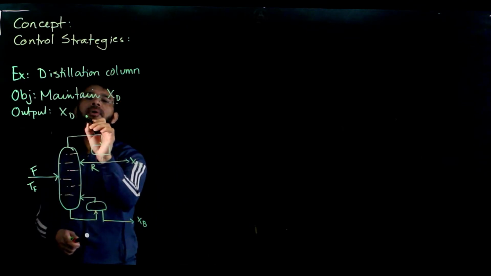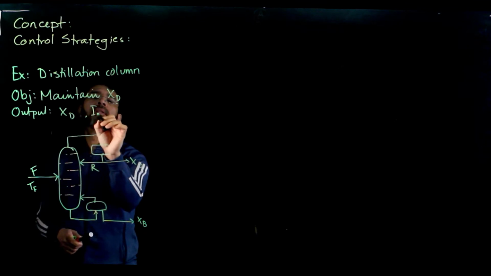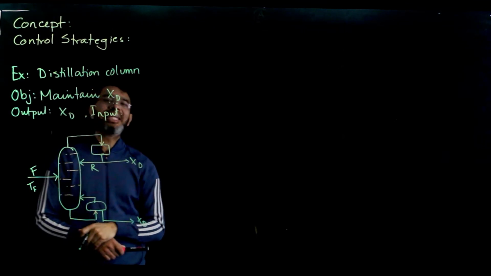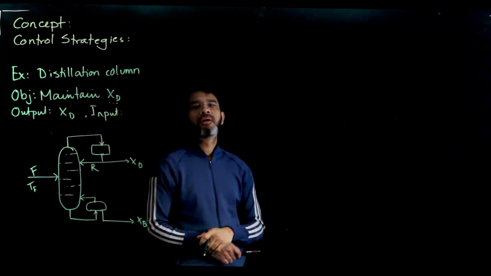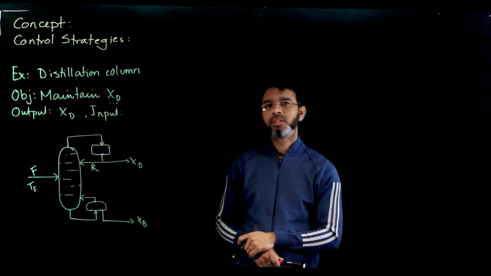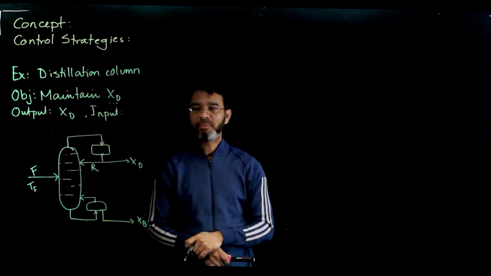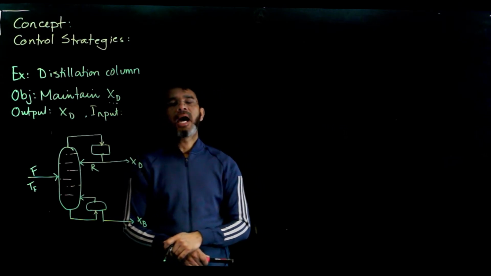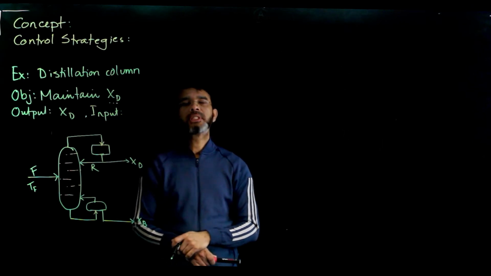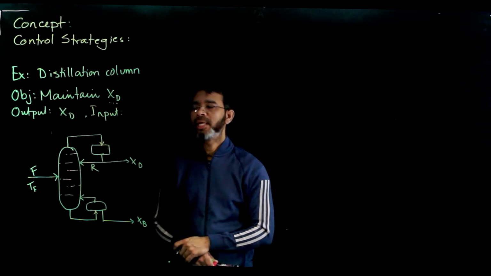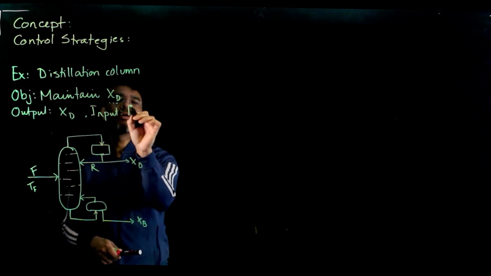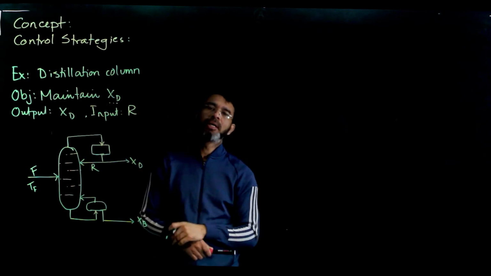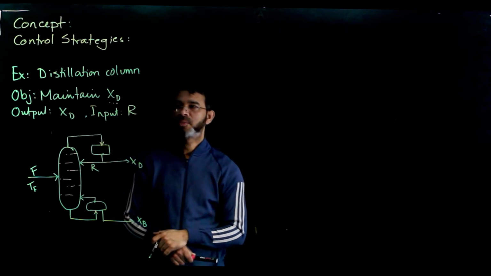The variable that you manipulate, or choose to manipulate, to maintain the output is called the input variable. Typically for a distillation column, the top composition is maintained by manipulating the reflux flow. So for our case, suppose the input is the reflux. But that's not the only choice; there may be other choices as well.